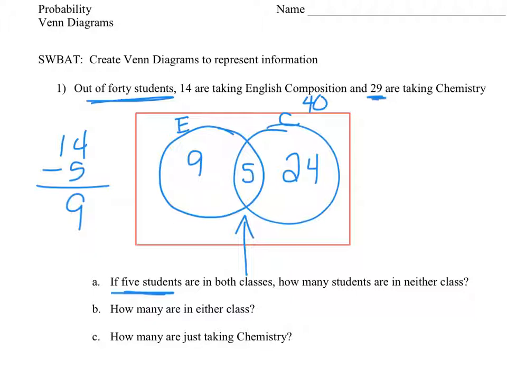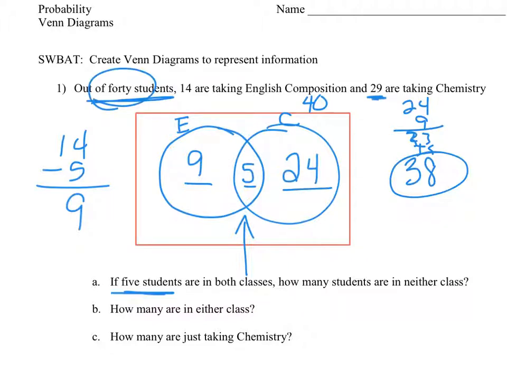Well, these are the people taking the class, so we add those up. 24, 9 is 33, and plus another 5 would give me 38. So how many aren't in the class at all? Well, there were 40 students to start with, so 2 of them aren't taking either.